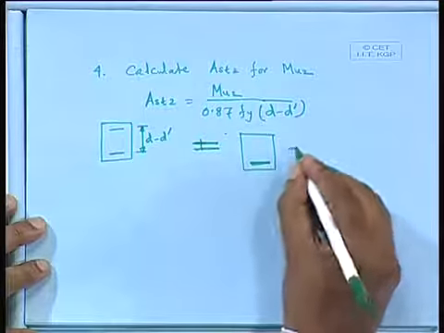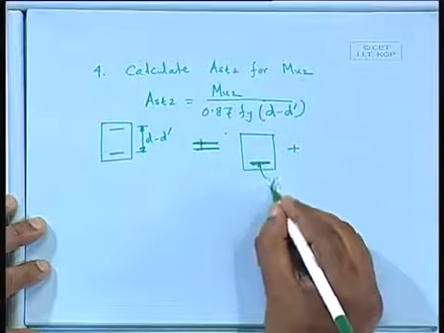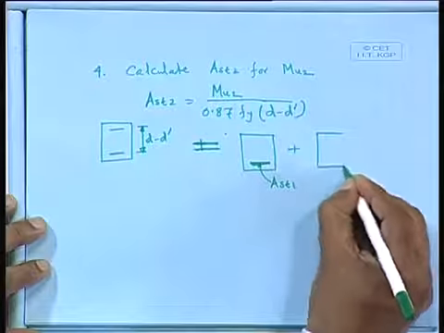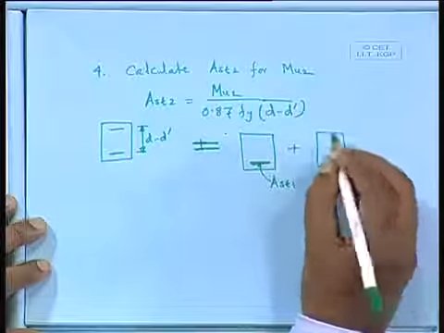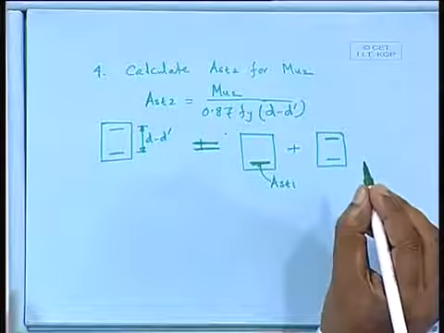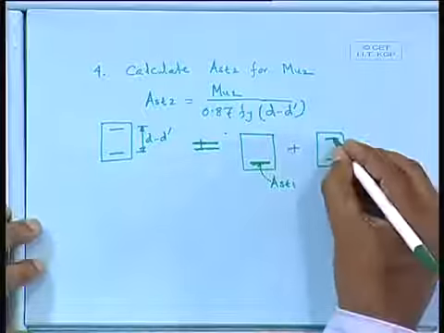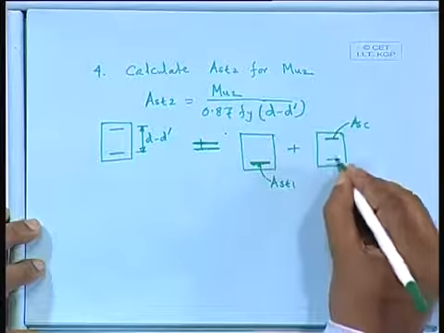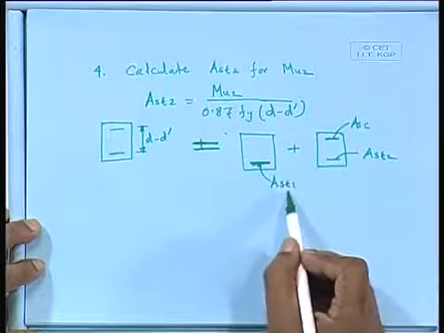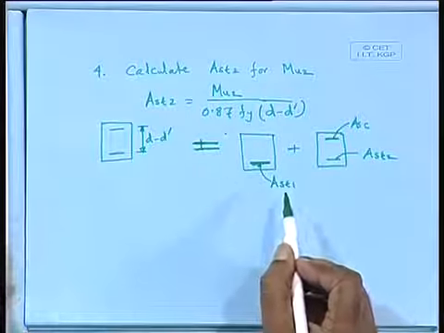Let us say this is Ast1, and in this case we are not considering the concrete anymore, we are taking only the steel part, Asc and Ast2. Where are you getting Ast1 from? Ast1 is nothing but that balanced section. Whatever reinforcement you compute due to the balanced section, that is Ast1.